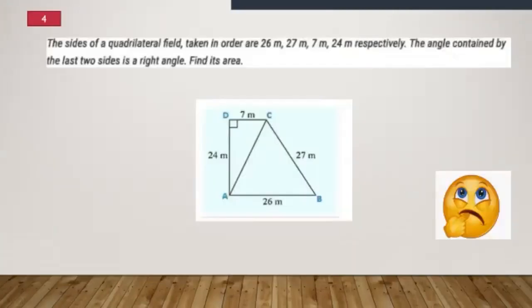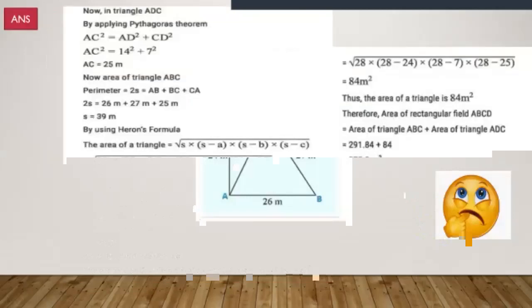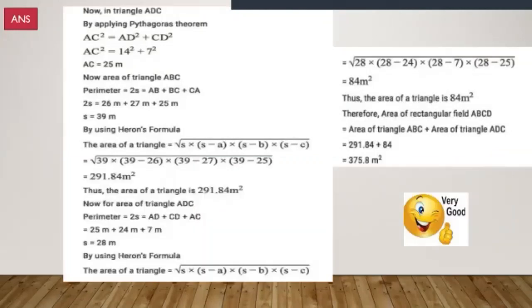Yes, AC is 25. So moving ahead, as you see, AC is 25. For the other triangle, which is not a right angle triangle, the area is 291.81 meters square. The other one is 84 meters square. So completely, you get the complete answer as 375.8 meters square.